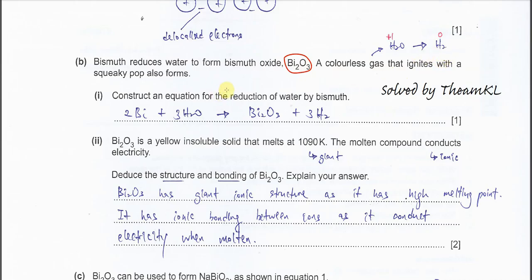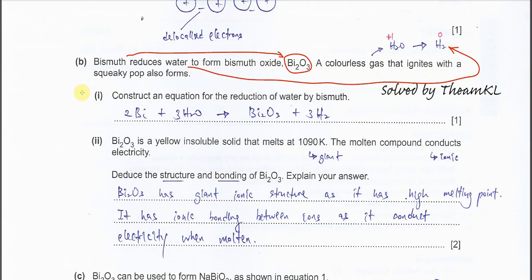So now the bismuth is the one that gets oxidized to form bismuth oxide, and the water is reduced to hydrogen. So this is a redox reaction. So you need to put this info into this part 1.